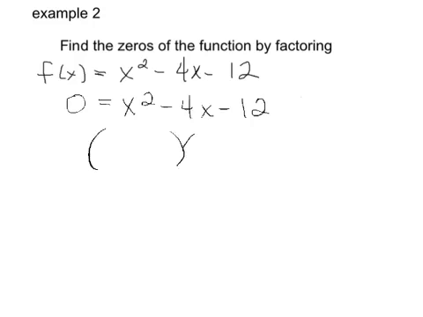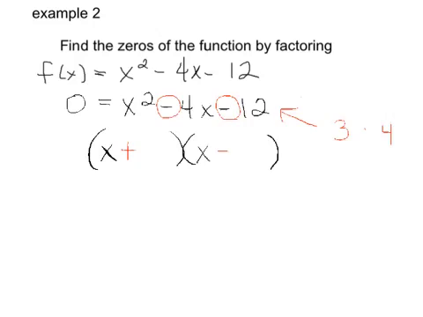I'm going to take 2 sets of parentheses, with x in the beginning. I have a negative here, and a negative here. That means I need different signs. And here we look at factors that when I multiply them together give me 12, but the difference is 4.